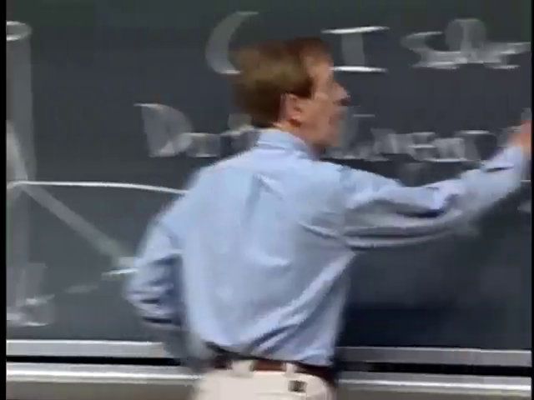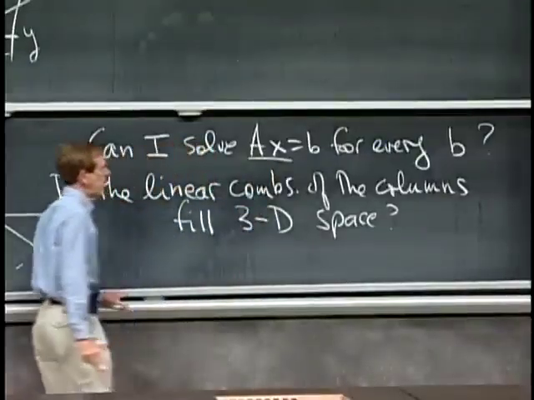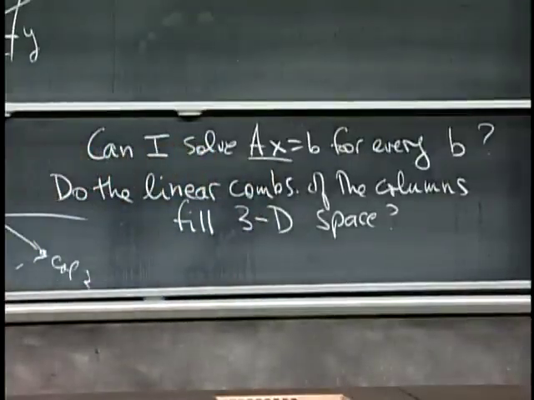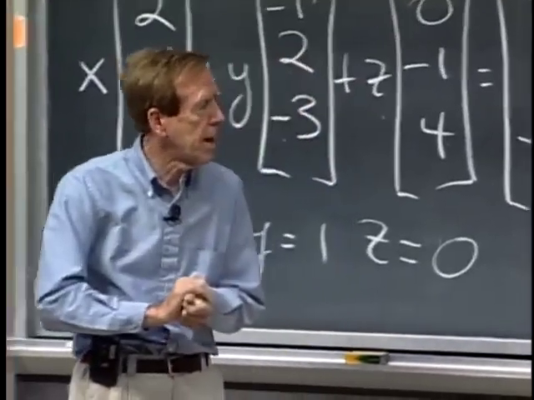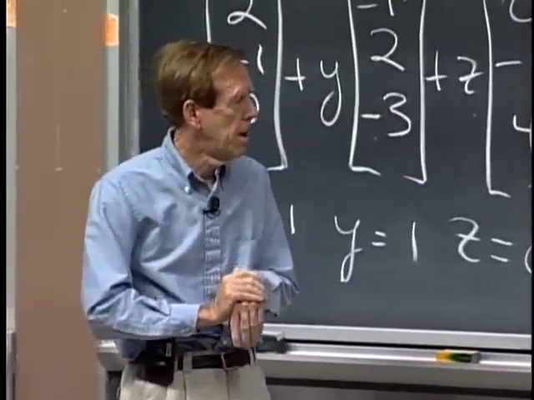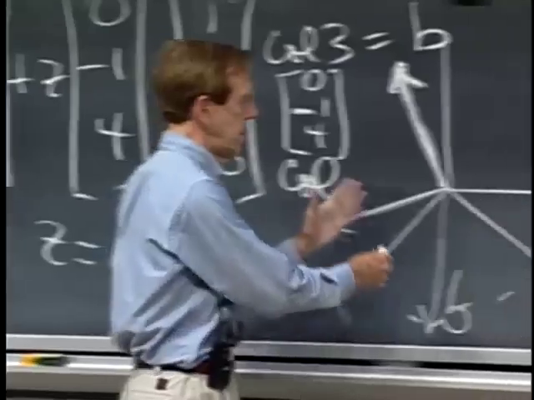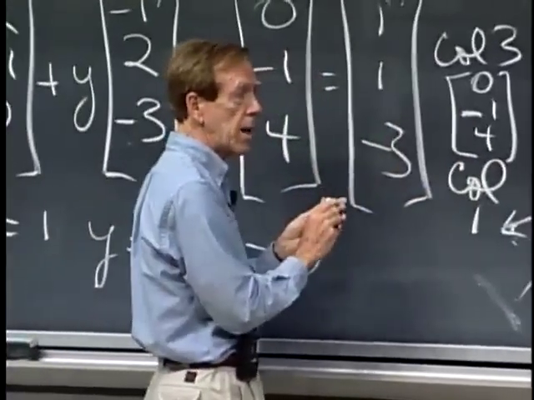Solving AX, oh, that's very important. A times X, when I multiply a matrix by a vector, I get a combination of the columns. I'll write that down in a moment. So that, you see, in my column picture, that's really what I'm doing.